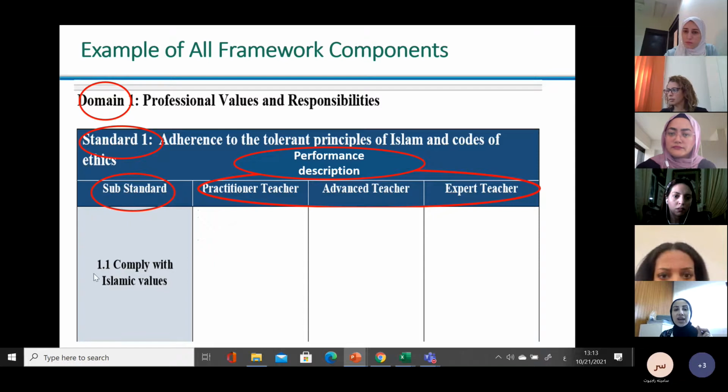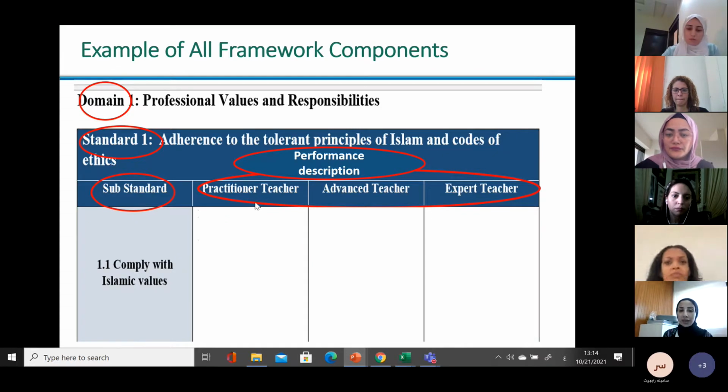Under the main standard, I have the substandard 1.1, which is comply with the Islamic values. These are the things that we talked about: the domain, the main standard, and the substandard. The performance description and the performance levels come here, and I will show you how.